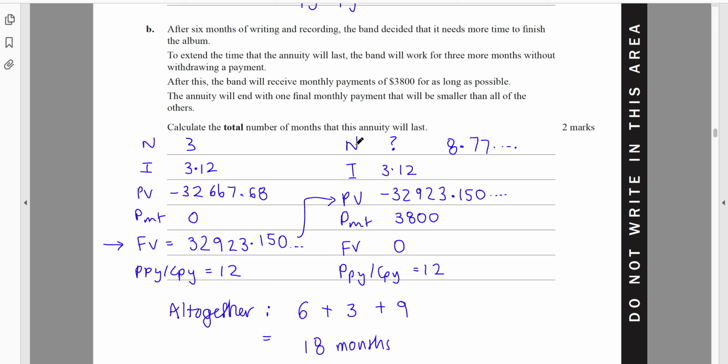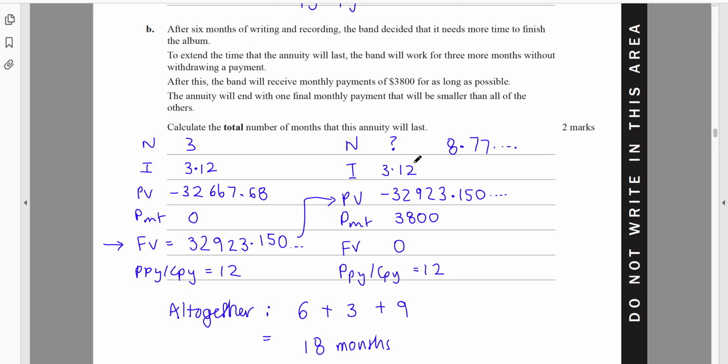Now what we need to do for this last calculation is make sure we move that FV into PV. Now you can use Control C, copy, pop it into PV, Control V for paste, and change the sign. Make sure it's a negative because we're looking at the start of this final period. It's still an investment, and with an investment, your PV should be negative.